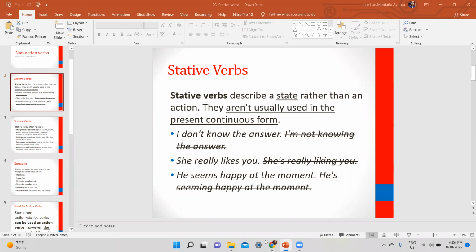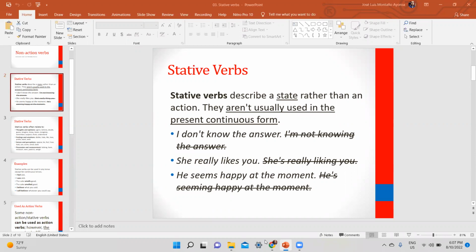When you are thinking, you are moving some things in your head, so there's an action there. But when you say I know or I don't know, there's not an action. It's something that belongs to your knowledge or doesn't belong to your knowledge. It's yes or no.